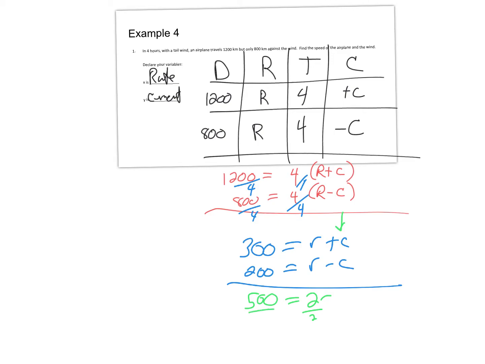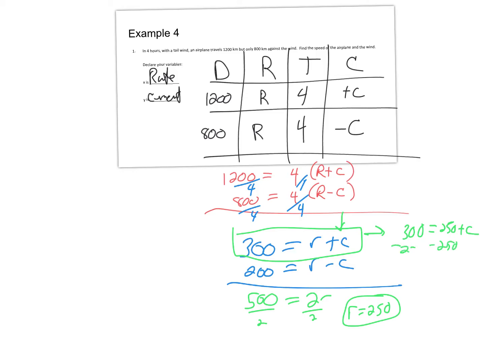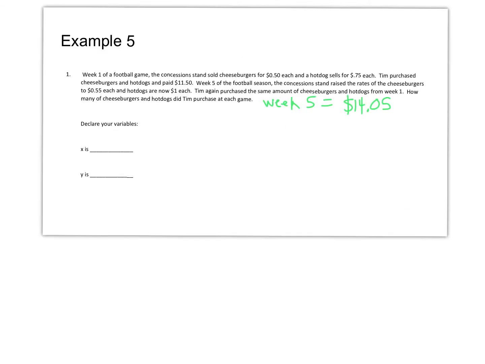Divide by 2's. So R equals 250. Now again, I'm going to go back to this. 300 equals 250 plus C, minus 250. 50 equals C. So my ordered pair, 250 for the rate, 50 for the current. So there's that one.